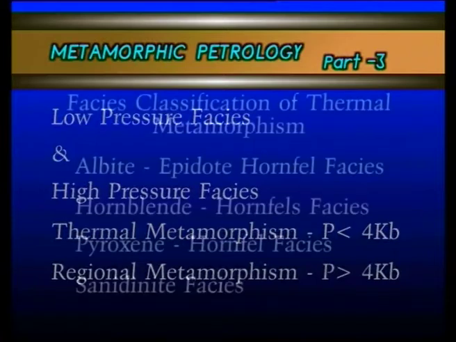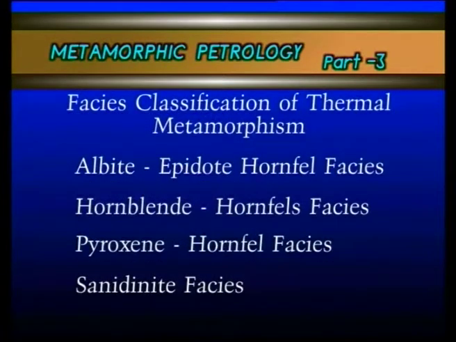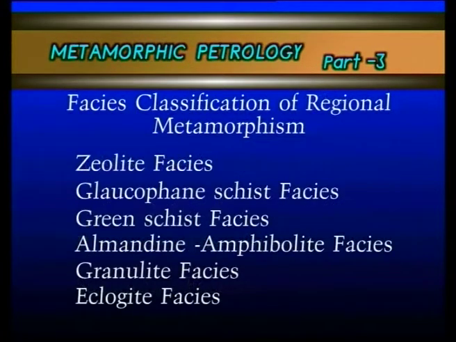The following facies are in thermal metamorphism: albite epidote hornfels facies, hornblende hornfels facies, pyroxene hornfels facies, and sanidinite facies. While in case of regional metamorphism, the following facies are the zeolite facies, glaucophane schist facies, greenschist facies, almandine amphibolite facies, granulite facies, and eclogite facies.